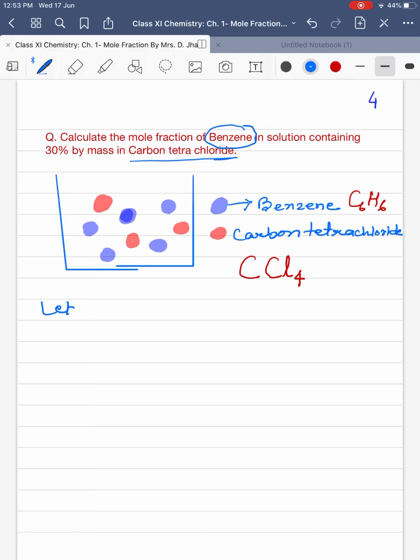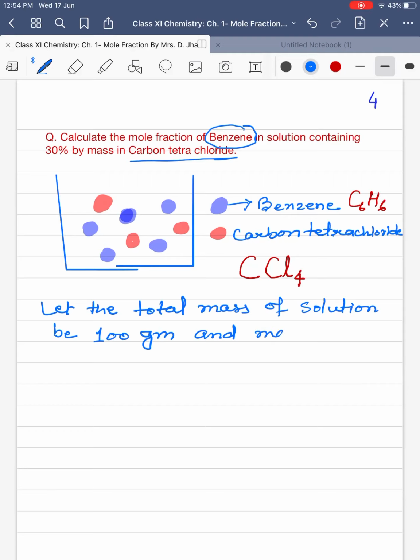Let the total mass of solution be 100 grams and mass of benzene be 30 grams.